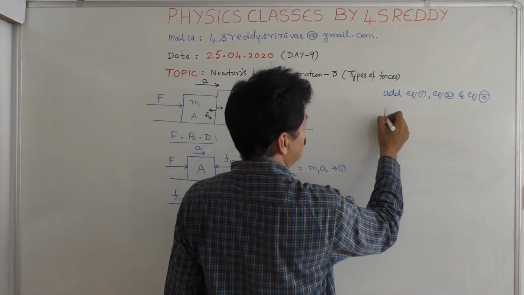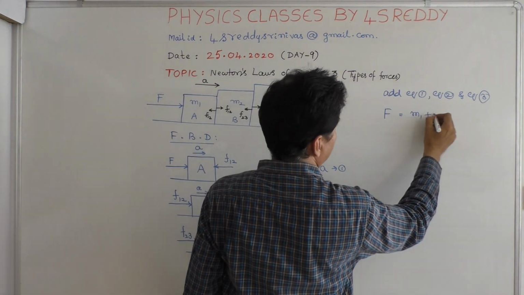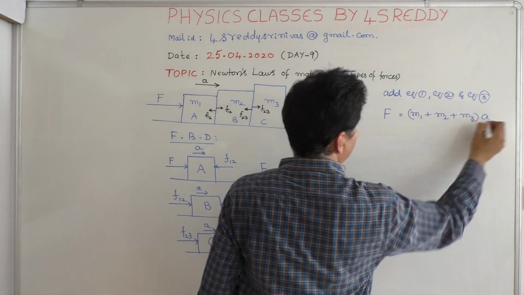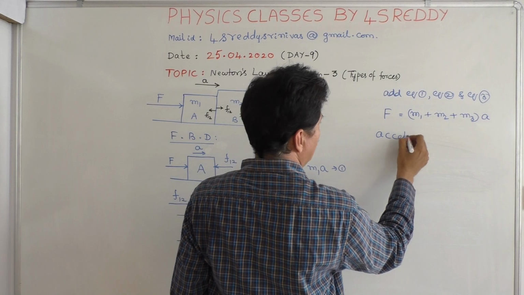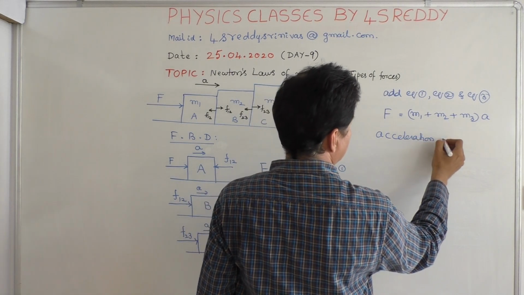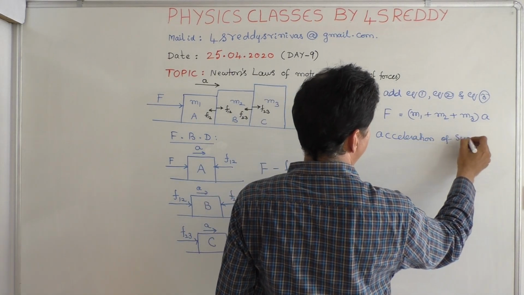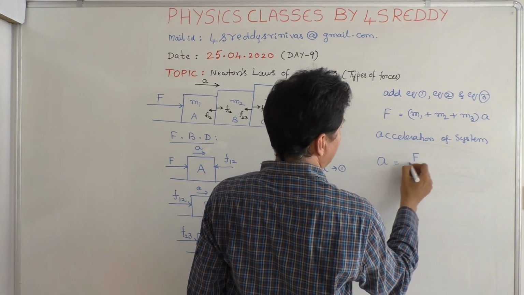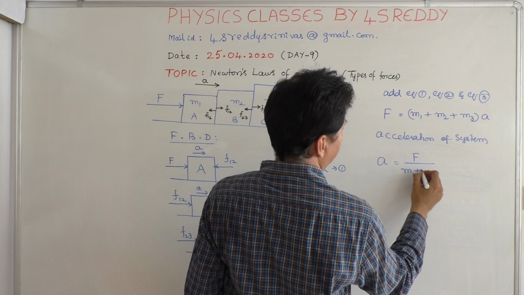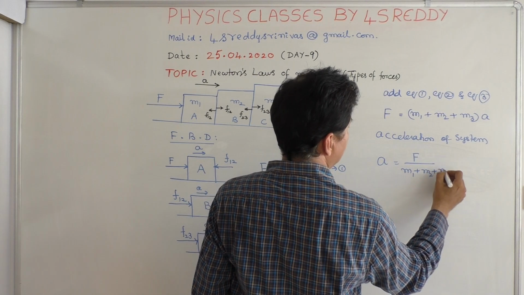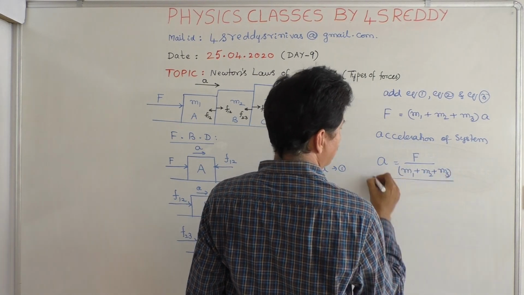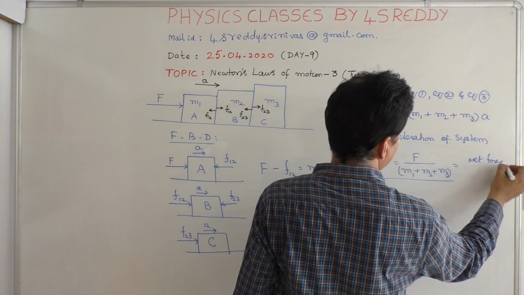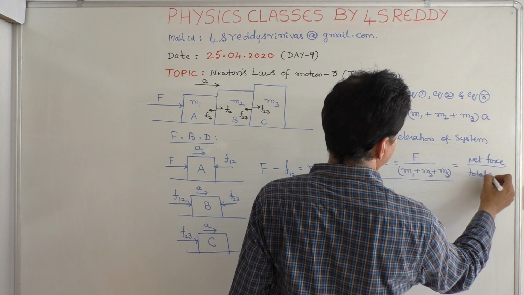Therefore, F is equal to all the masses, M1 plus M2 plus M3, into A. Therefore, the acceleration of the system is given by A is equal to F by M1 plus M2 plus M3. Again, it is nothing but net force by total mass.